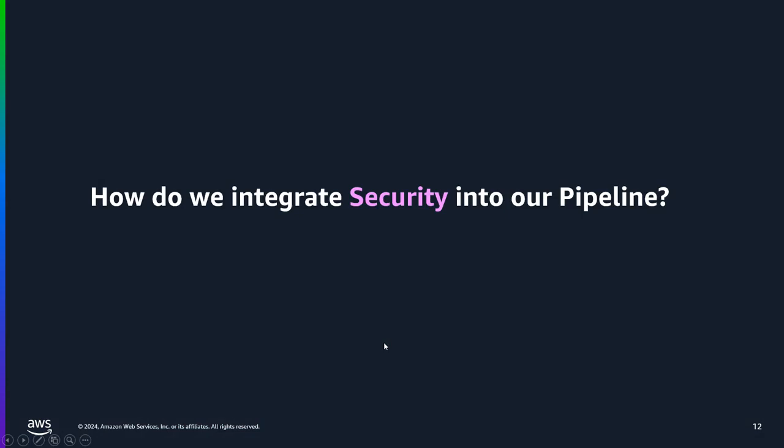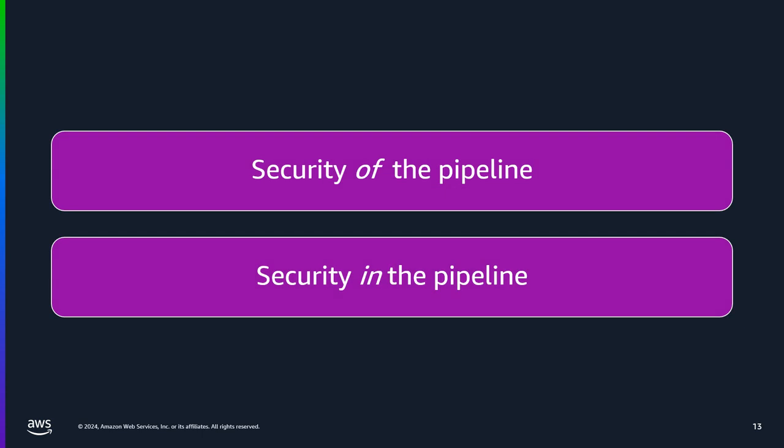For the purposes of this session, we assume that you're using CI/CD pipelines to some extent in your existing organization. So how exactly do we integrate security into our pipeline? To do this, there are two major components. The first component is security of the pipeline.